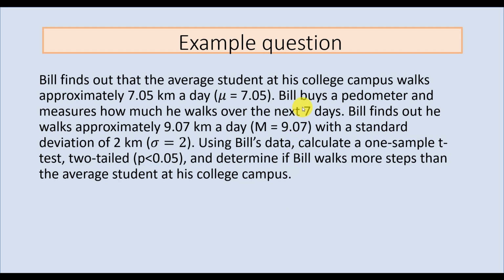Bill buys a pedometer and measures how much he walks over the next 7 days. Bill finds out he walks approximately 9.07 kilometers a day, which is a mean of 9.07, with a standard deviation of 2 kilometers. Using Bill's data, calculate a one sample t-test two-tailed and determine if Bill walks more steps than the average student at his college campus.